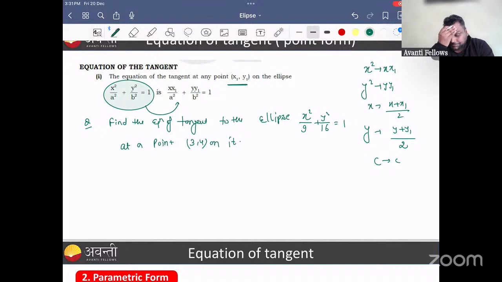Yes, how to do? Now 3, 4 is definitely lying on the ellipse.